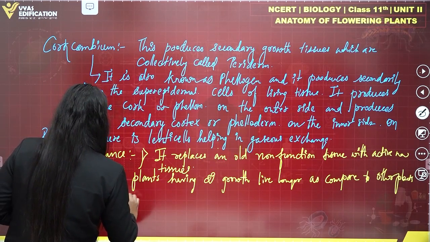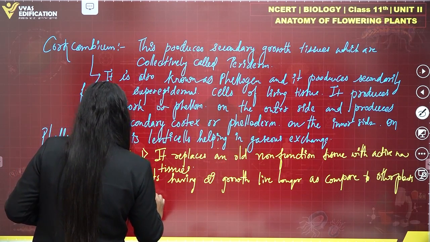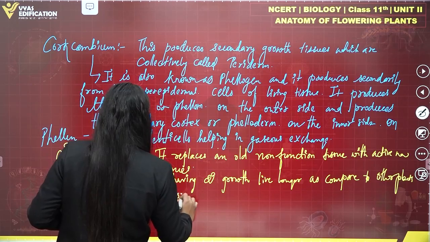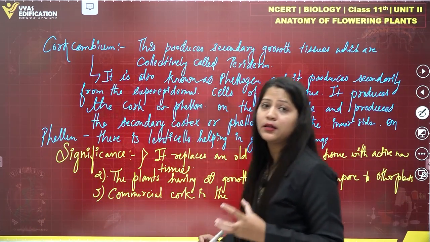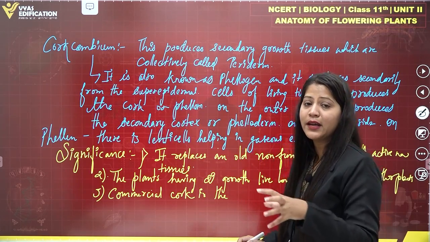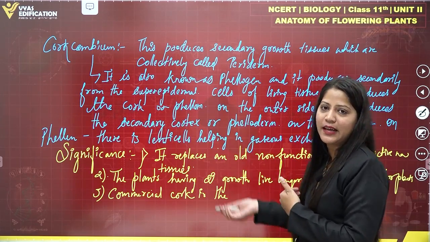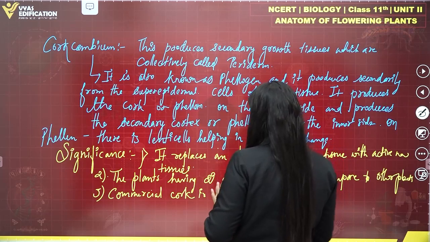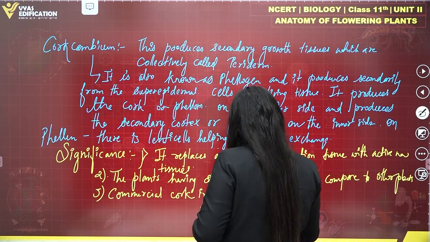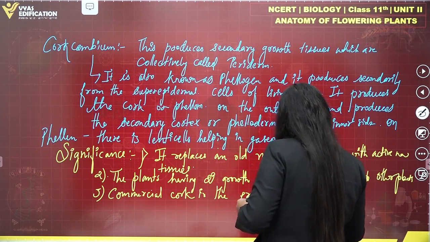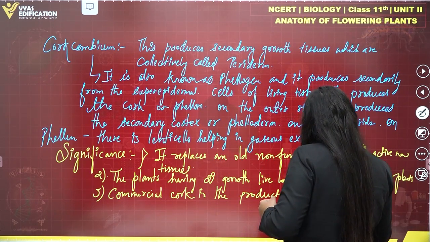this commercial cork is the product. The commercial cork we are getting from the market is actually the product of this secondary growth only. So this commercial cork is the product of secondary growth.